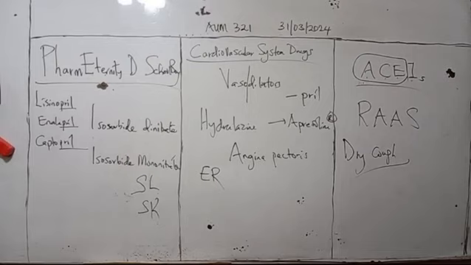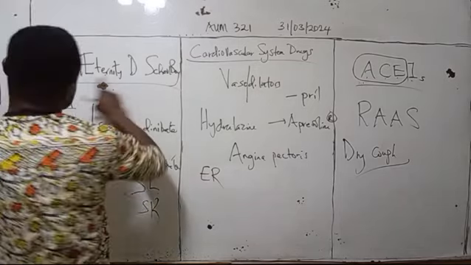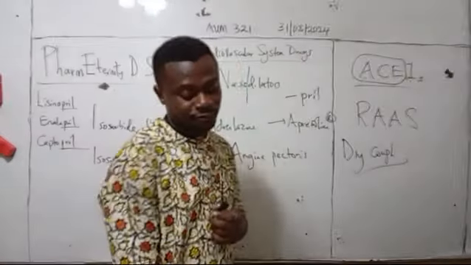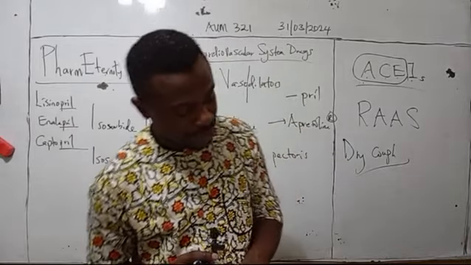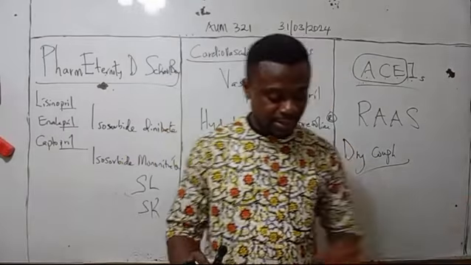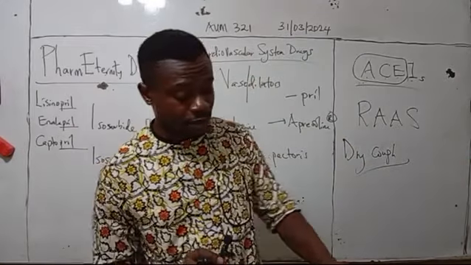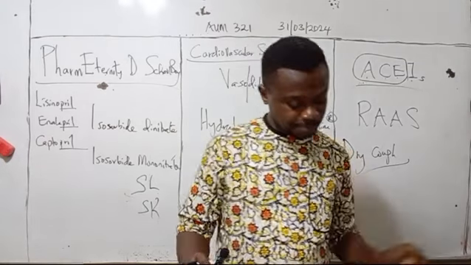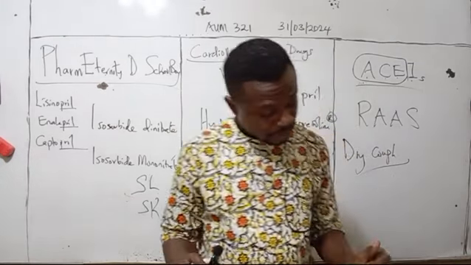10 milligram in 2 doses per day. Then we have the combination with the calcium channel blocker amlodipine. You can choose combinations where benazepril is 10 milligram and amlodipine is 2.5 milligram.